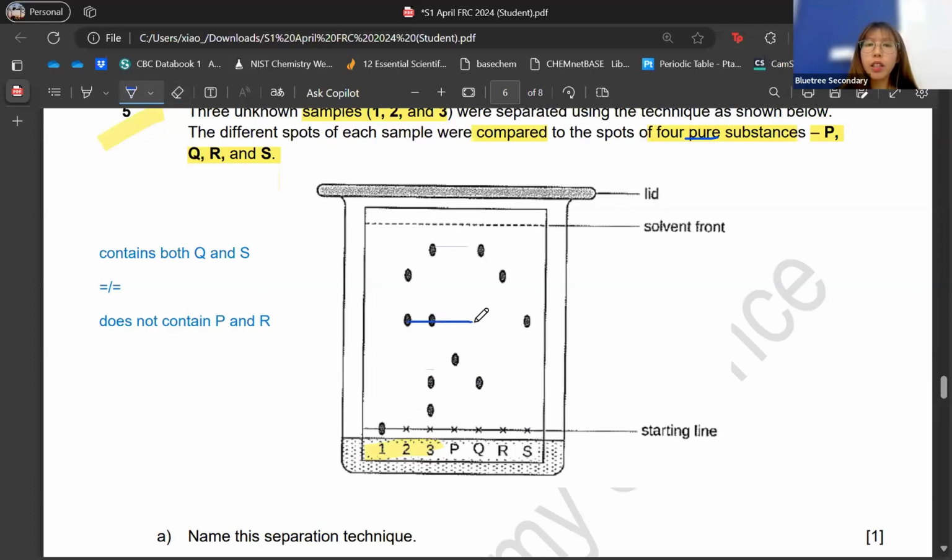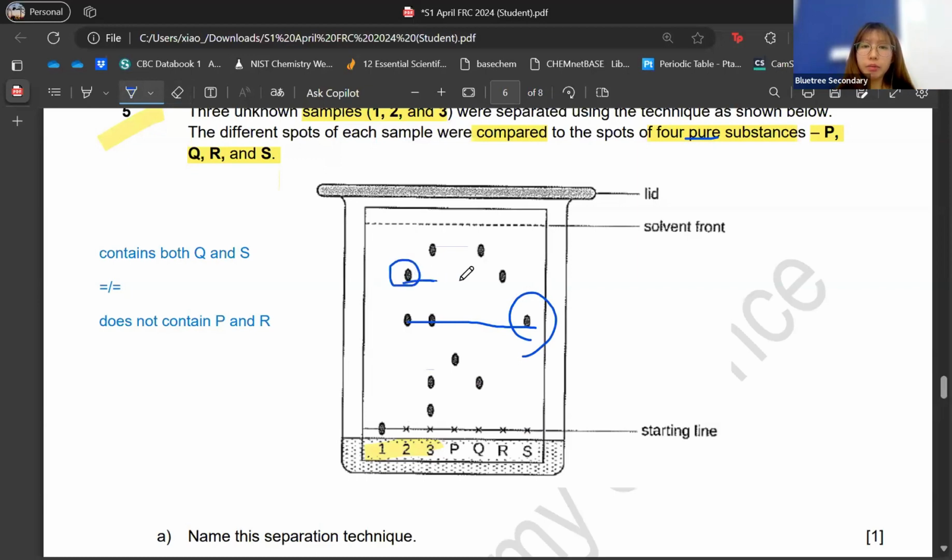Looking at sample 2, this is the first spot of sample 2. Likewise, I trace towards the substance's direction, and I realize that S is present in sample 2. Don't forget to check whether S has any other spots that must also be present in sample 2. Fortunately, S only has 1 spot. That means sample 2 already consists of S. There's a second spot of sample 2.